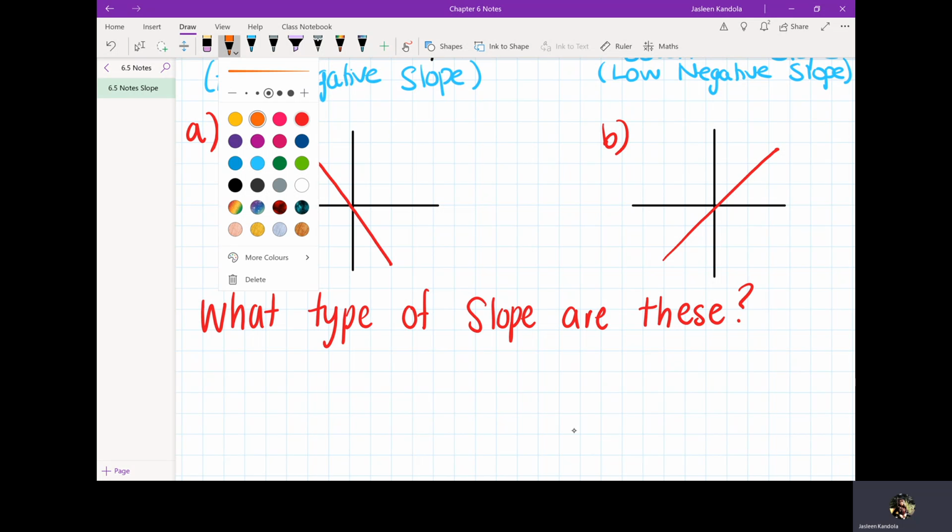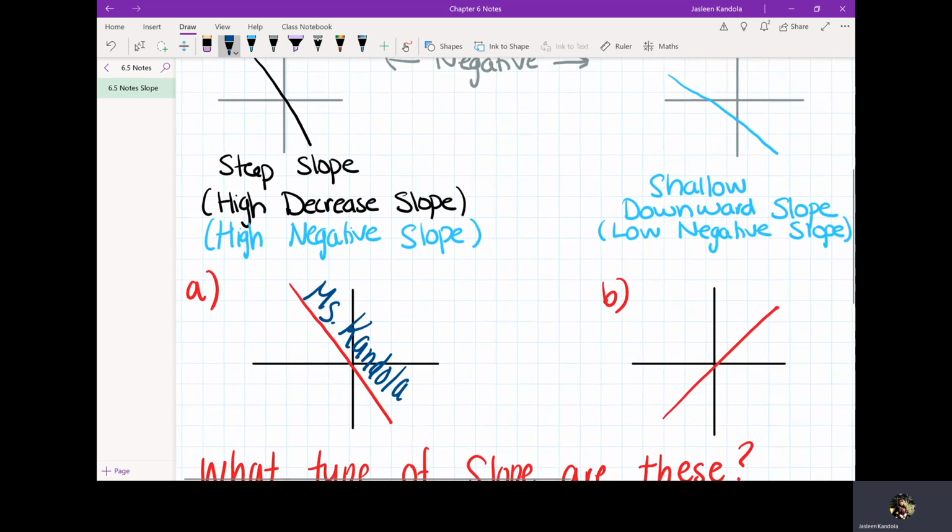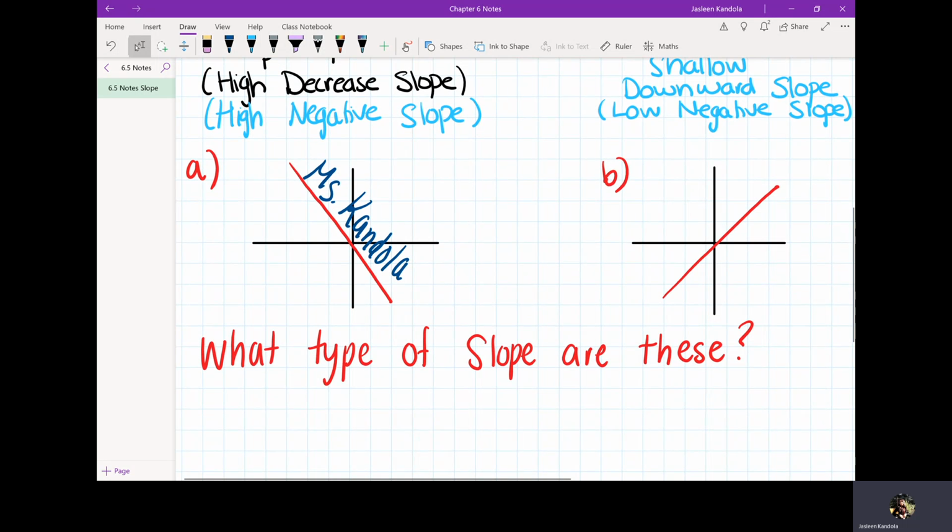Let's write down on this line, Miss Canola. So do we see how my name, Miss Canola, is going down? So since it's going downwards, we know this is a negative slope. Now let's look at B.